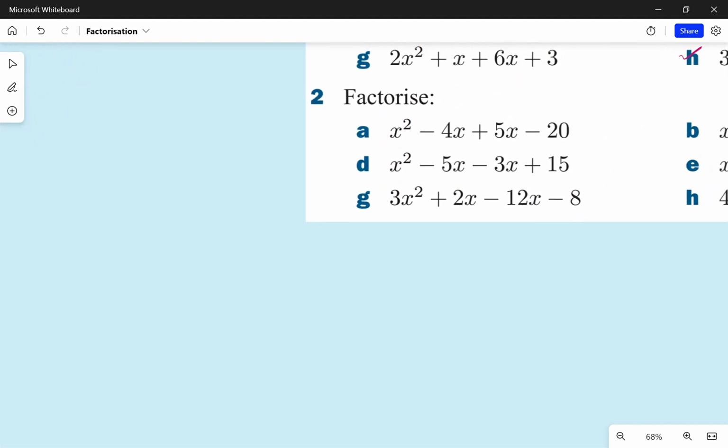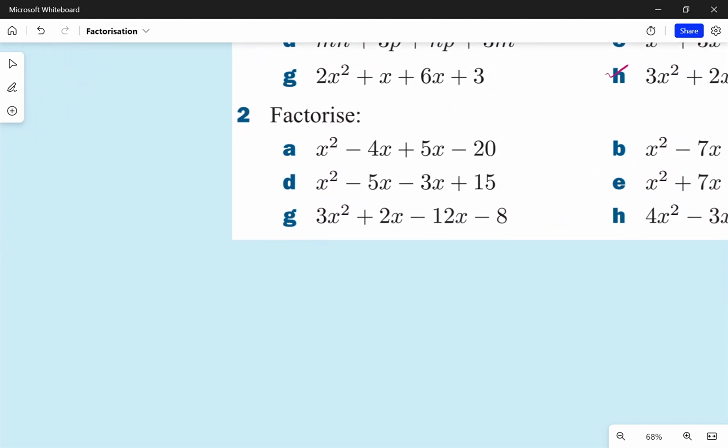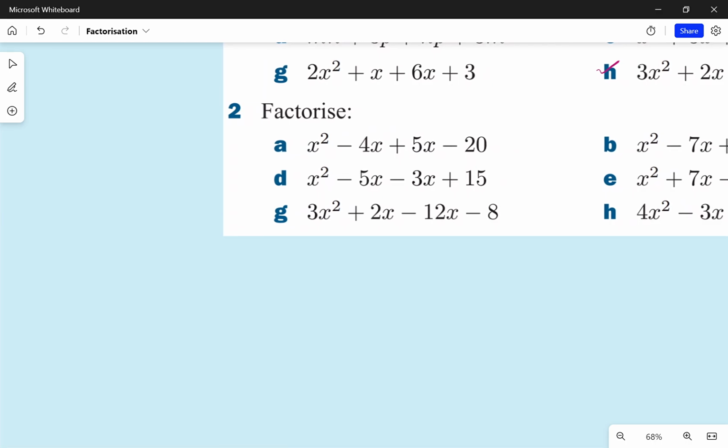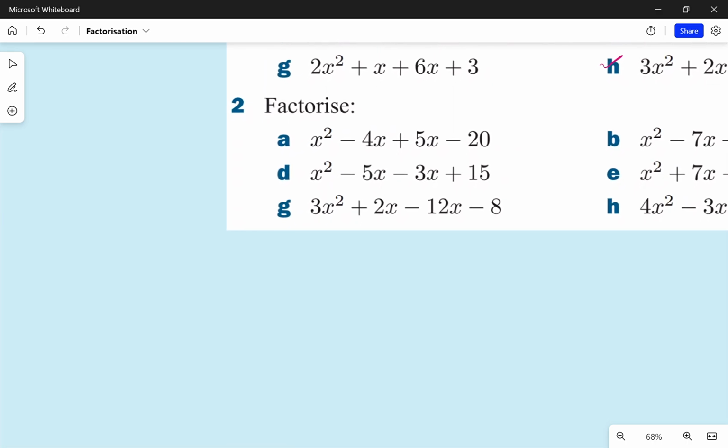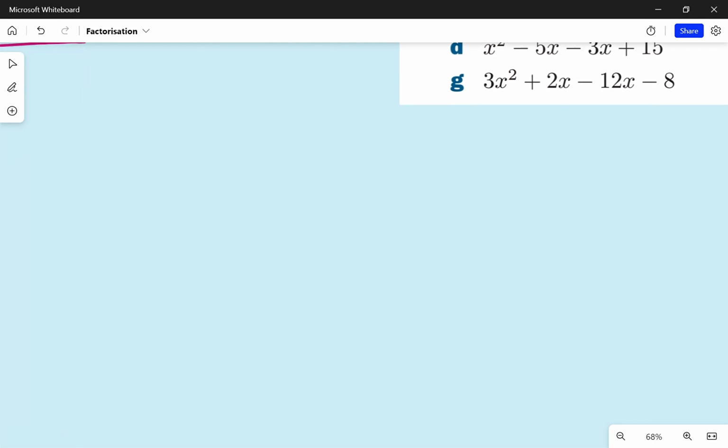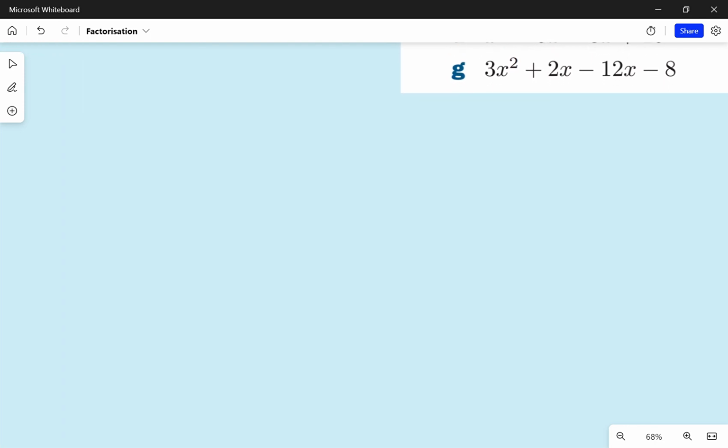Let's look at the one that has a negative in it.